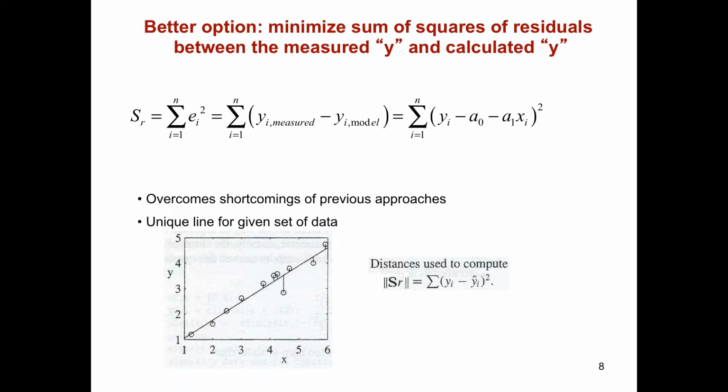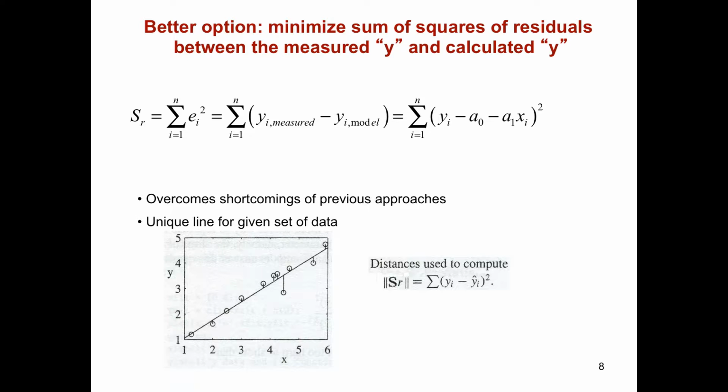So what I'm going to try to minimize is this, I'm going to call it SR, which is the sum of the squares of these errors. Again, I have some measured value, and I have my model value, and my model in this case is a linear model. My measurement is xi, yi, and I have n of them.